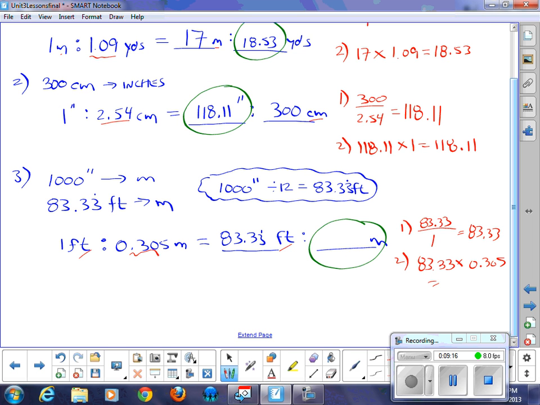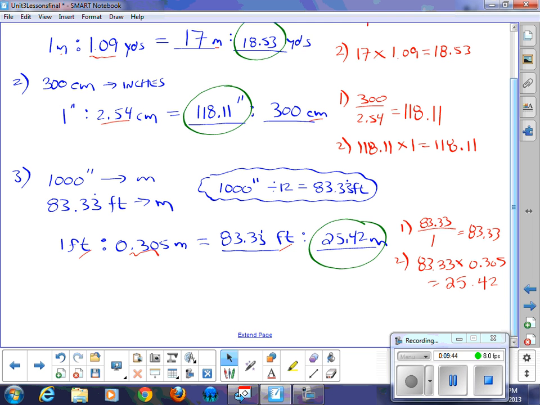And what you get times 0.305, you end up with 25.42. And that's our answer. So 25.42, and you can have decimals in metric because decimal 42 just means 42 centimeters. Okay? So there we go. Those are our conversions from imperial to metric.